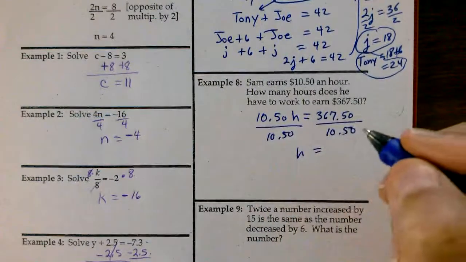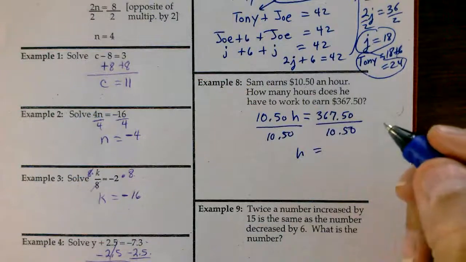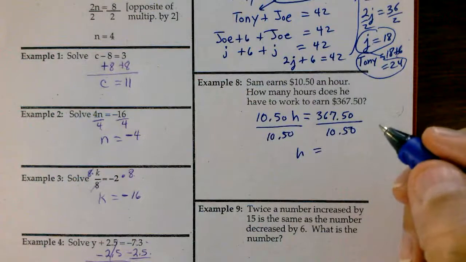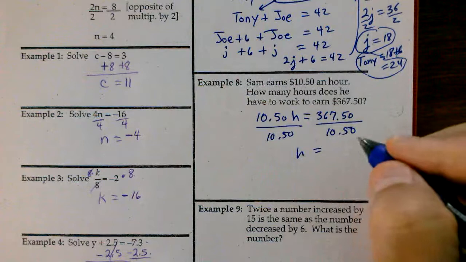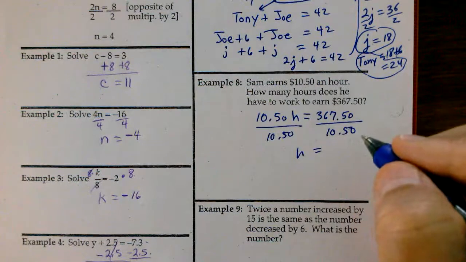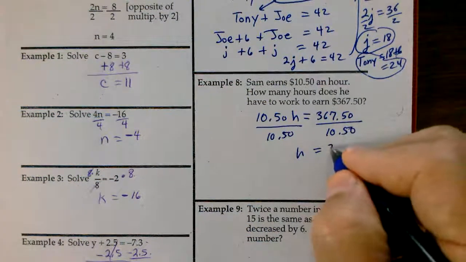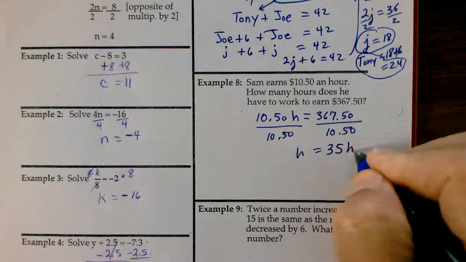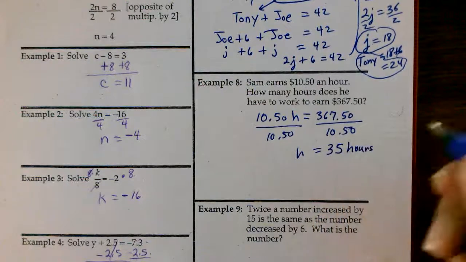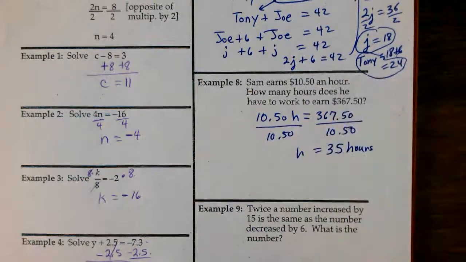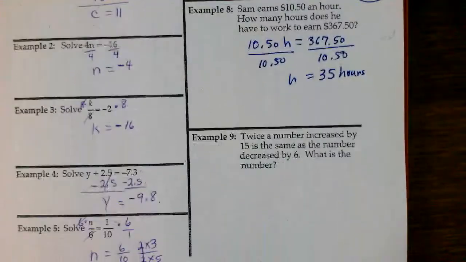And once you divide, it's going to be 367.5 divided by 10.5, and I get 35. That means that Sam has to work 35 hours to make $367.50.